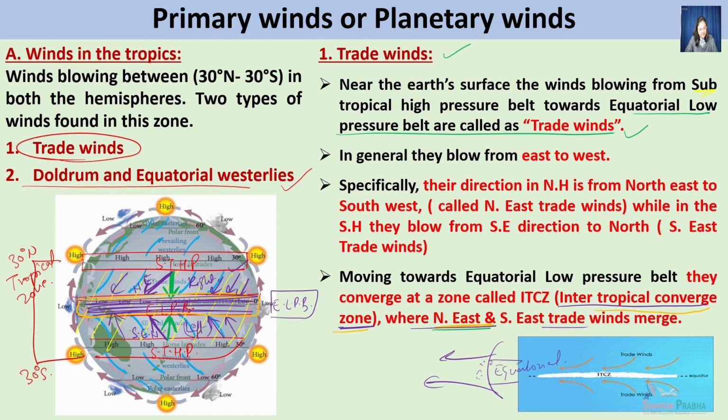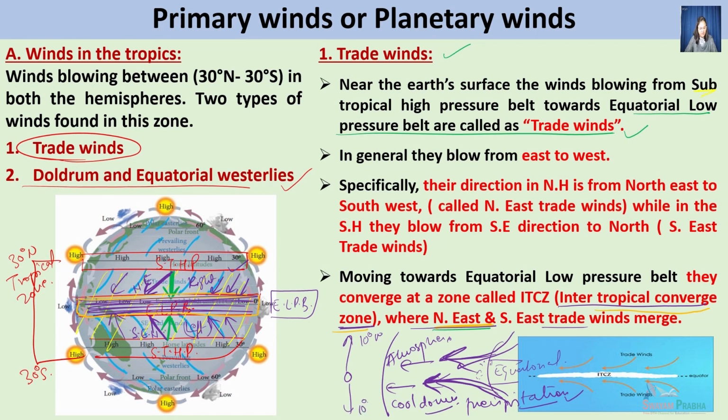Because of intense insolation, as they merge, they ascend due to convection towards the upper regions of the atmosphere, and in the process they cool down, causing precipitation in these equatorial regions of the world extending between 0 to 10° north and 10° south in both hemispheres.